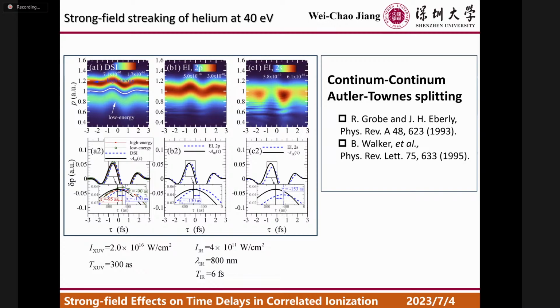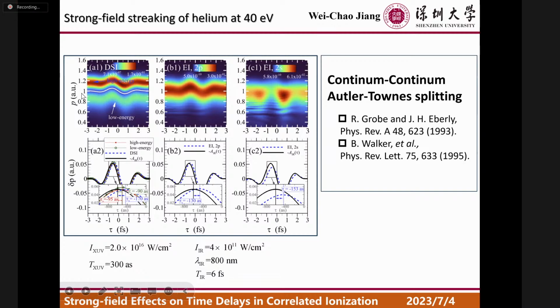Actually, the inclusion of the strong field can also be clearly identified from the splitting of the peaks in the streaking trace.